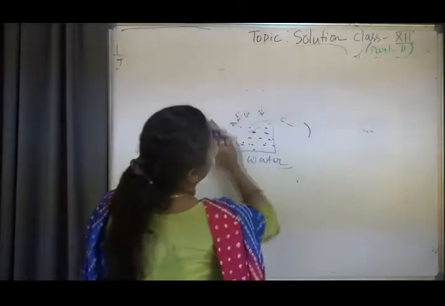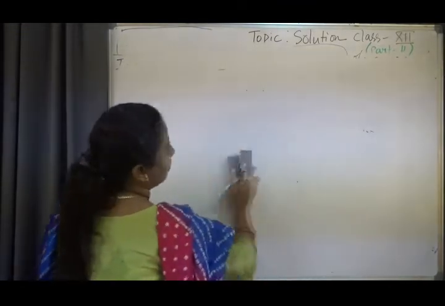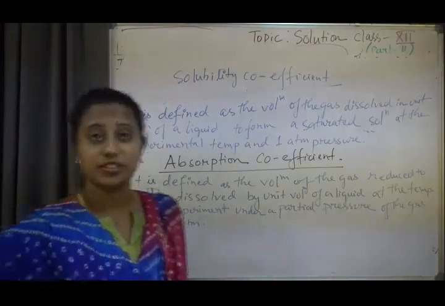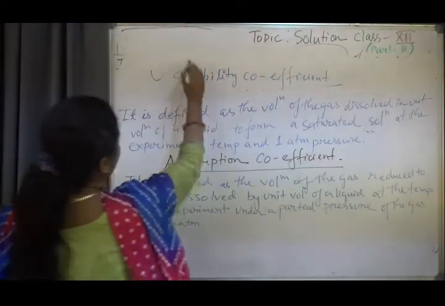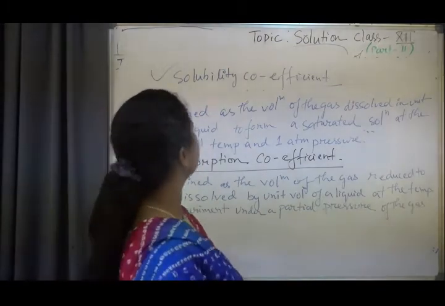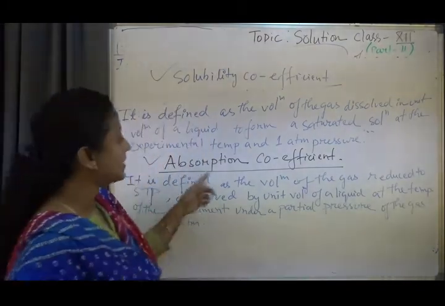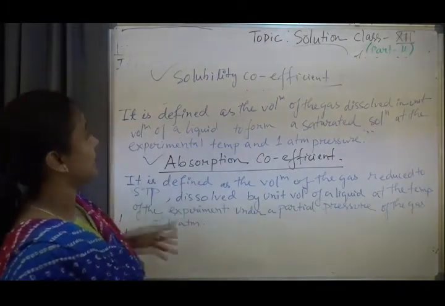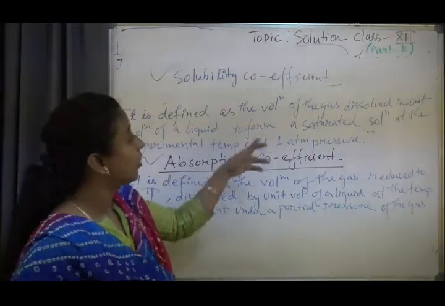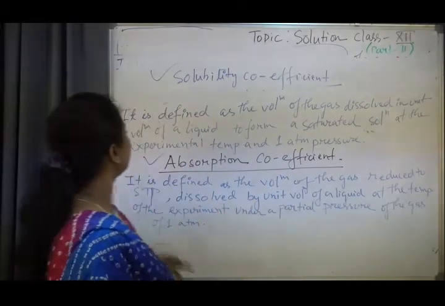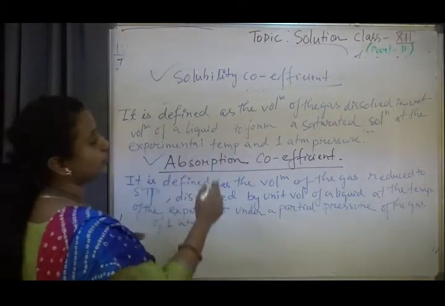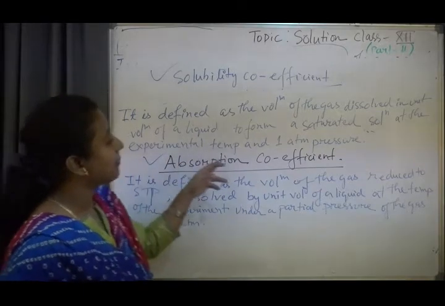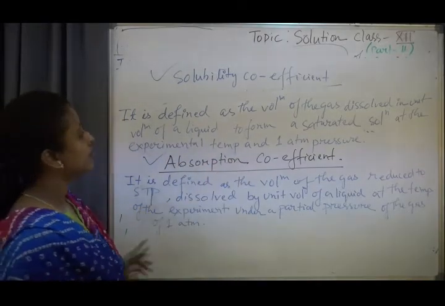Then coming to another topic, which is called the solubility coefficient. Now I am going to discuss two topics: one is the solubility coefficient and the other is the absorption coefficient. What do you mean by solubility coefficient? It is defined as the volume of the gas dissolved in unit volume of a liquid to form a saturated solution at an experimental temperature and 1 atmosphere pressure.